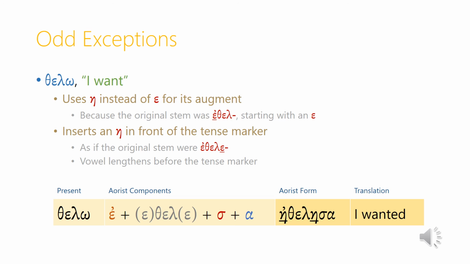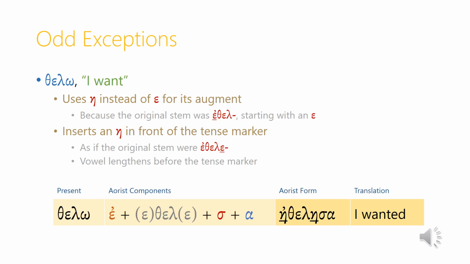In Hellenistic Greek, very often that initial epsilon has dropped off and the verb is just thelo. But for some reason, in the aorist form, the eta augment has hung on. So if you can remember that thelo used to be ethelo, that'll make it a little bit easier to remember to use an eta augment on thelo.